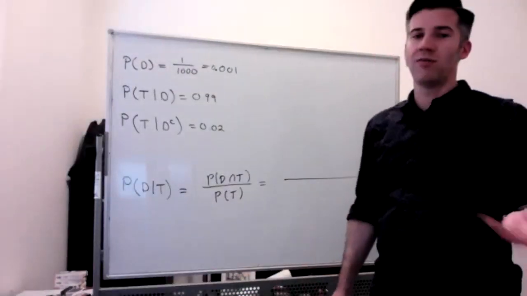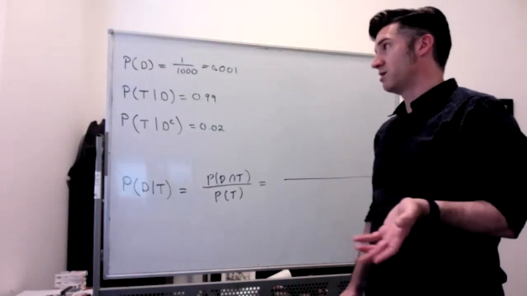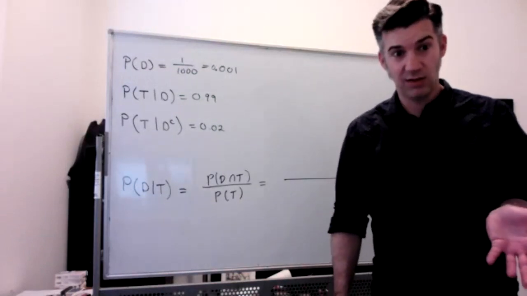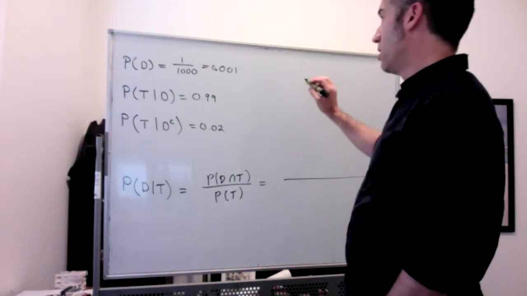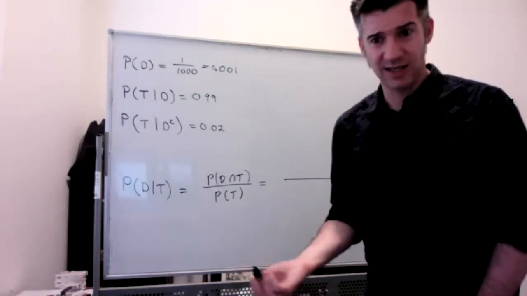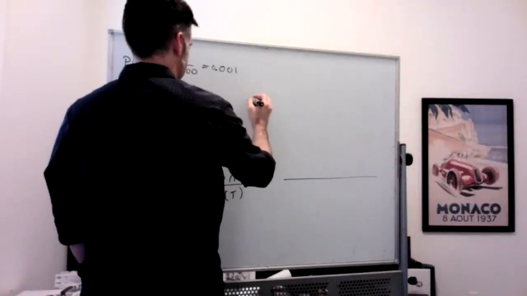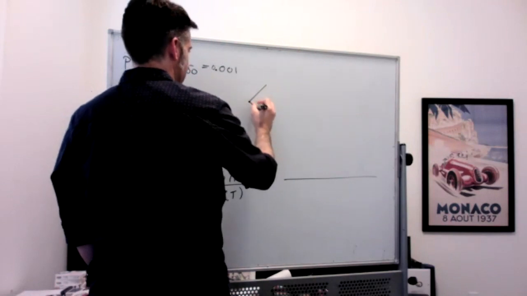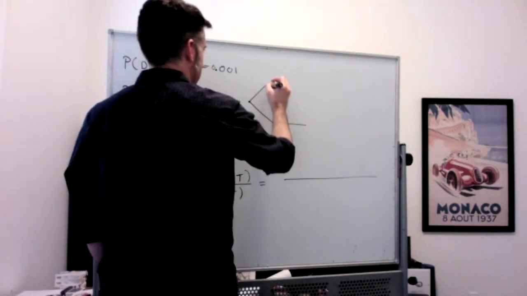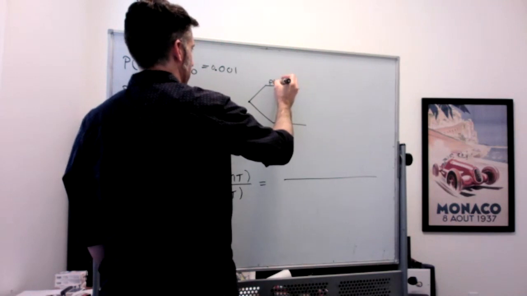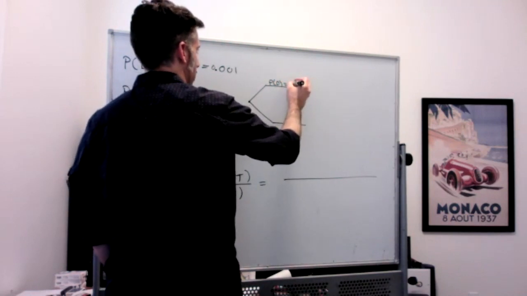And honestly, I would make a tree diagram still. So yeah, the tree diagrams are nice, I think anyway. So right, you can either have the disease or not. Probability of the disease is 0.001.